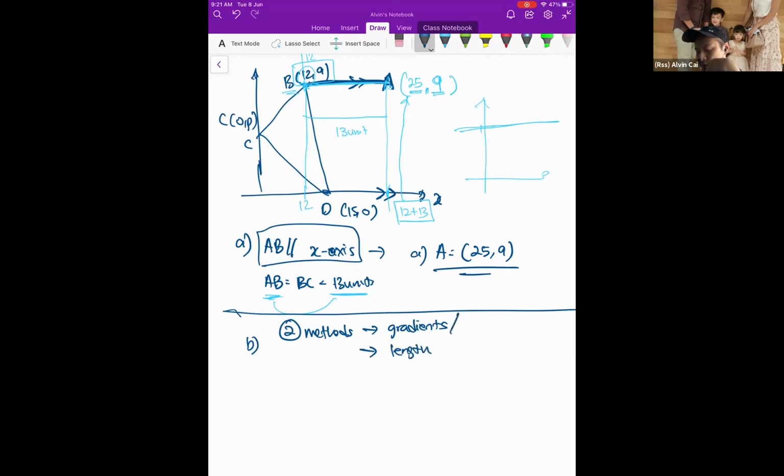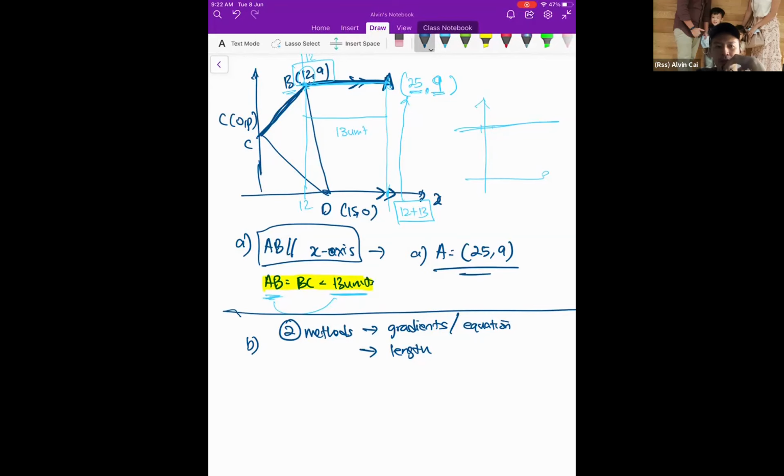Of course, the gradient can also mean sometimes we use the equation of the line, y equals mx plus c. Okay, in this case, nothing mentioned about the equation of the line, but if you remember, they mentioned BC and AB are equal. The lengths are 13 units. This is given in the question, by the way. So when the two lengths are equal, we can use that method to solve it.